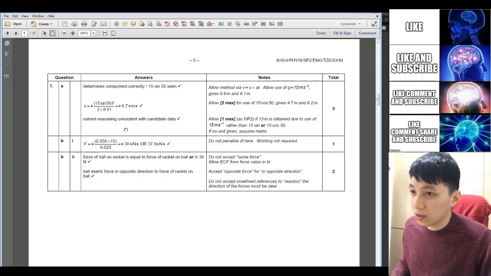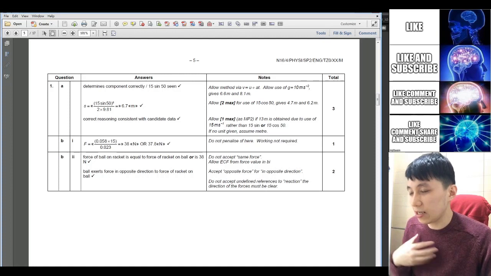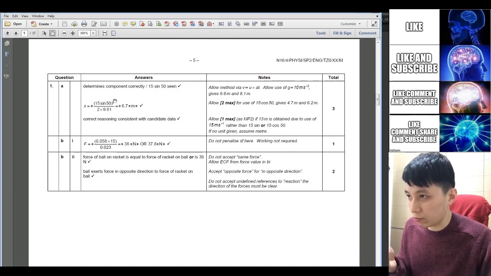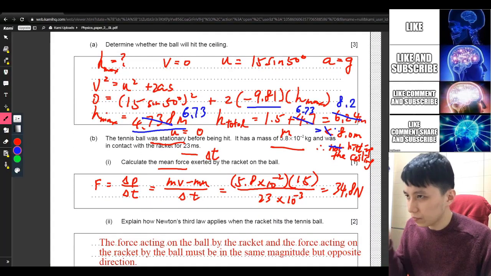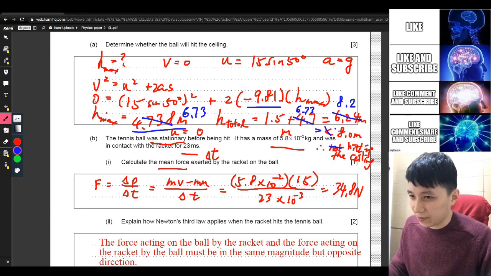Yeah, but then they would say correct reasoning consistent with data. So I guess in my case, I should get 2 marks. I would not be able to get this 6.7, but I would get this one with the correct reasoning. Okay, wow, not a good start.